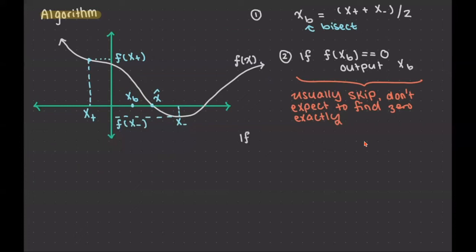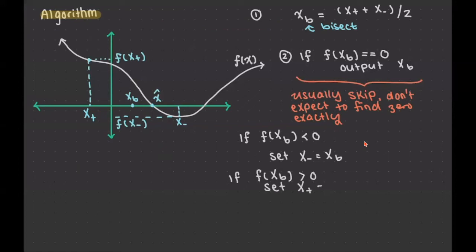Otherwise, what we're really going to do is say, if f of xb is less than zero, we update the negative point, so set x negative equal to xb. Otherwise, if f of xb is greater than zero, we set x positive equal to xb.